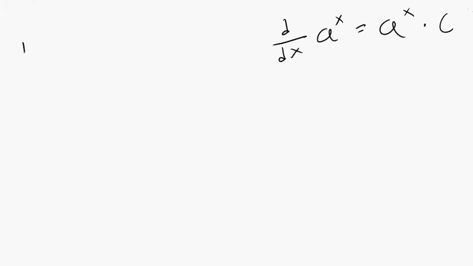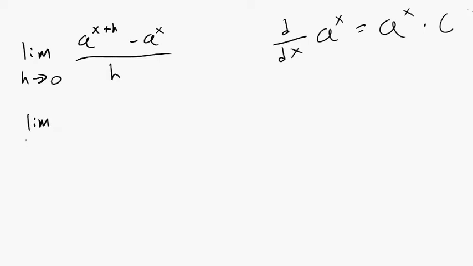So then the limit as h approaches 0 of a to the x plus h minus a to the x over h. Now, using the properties of exponents, we can change a to the x plus h to a to the x times a to the h. So let's do that. Limit as h approaches 0 of a to the x times a to the h minus a to the x over h.